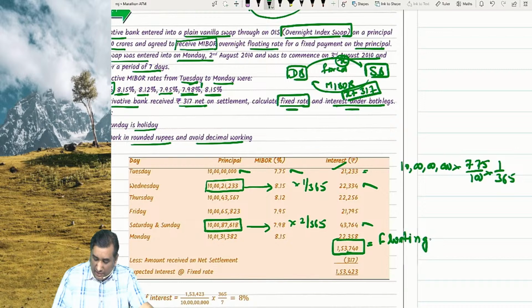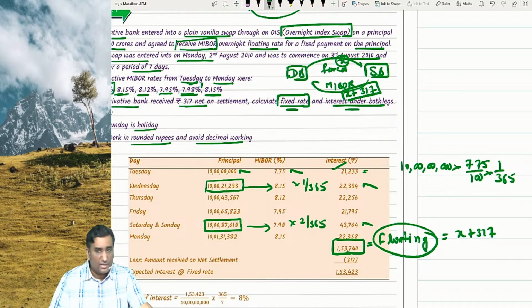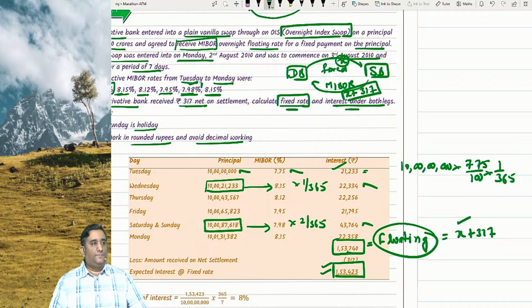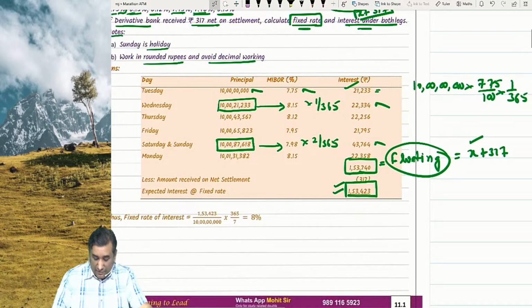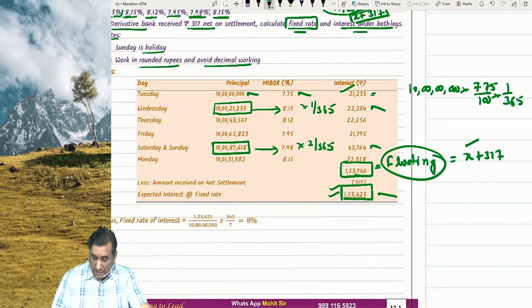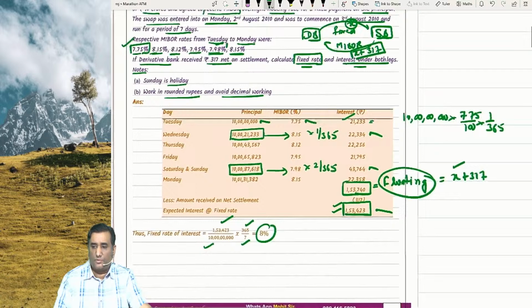We know that what he received was equal to X plus 317. If this was X plus 317, can I reverse calculate the X amount? Yes. So my X amount would be 153,423. Once we get that, we calculate the fixed rate: 153,423 by 10 crore into 365 by 7, and 8% comes in. This was the objective of the question.